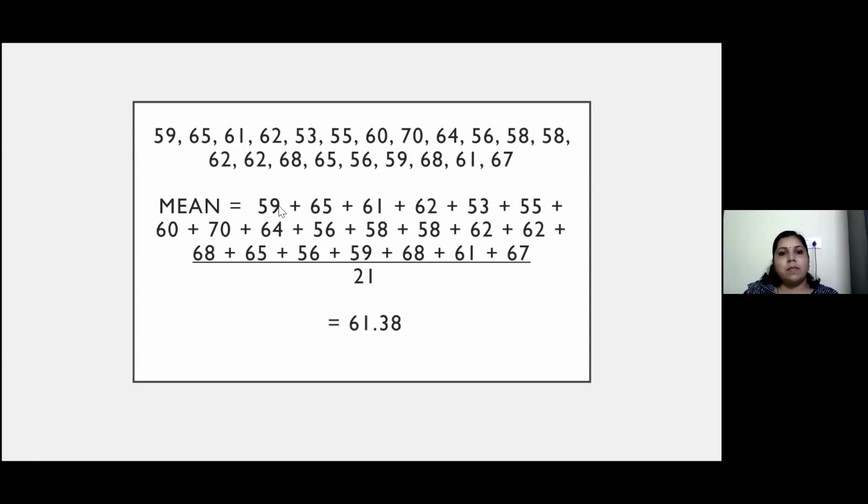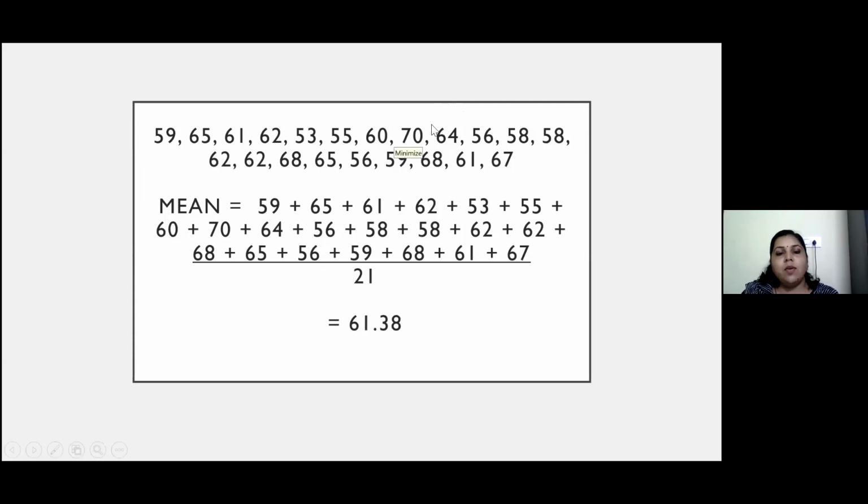This is the answer. Have you all got it? Yes. Shalini, very good. Your answer is right. 61.3. Pavitra, very good. Yes, yes. Good. So you all solved it.